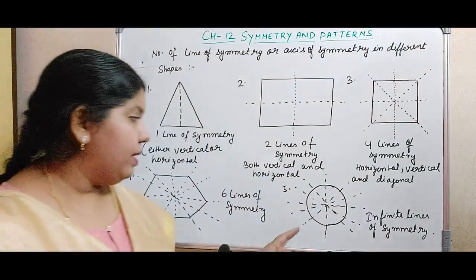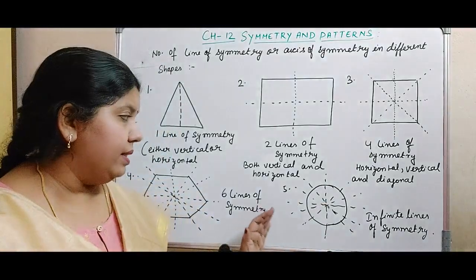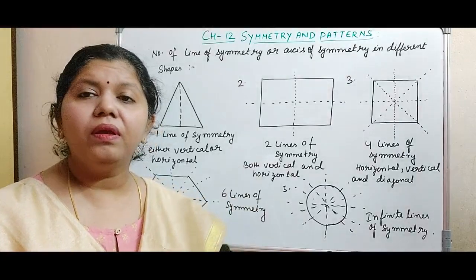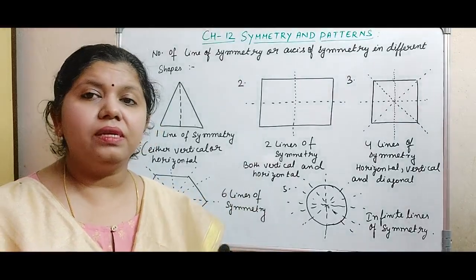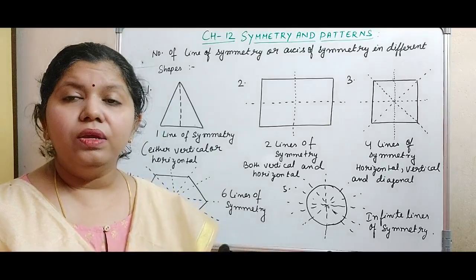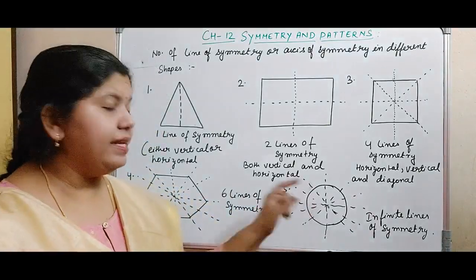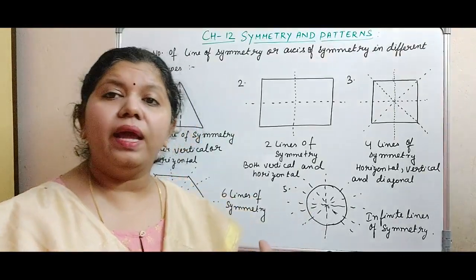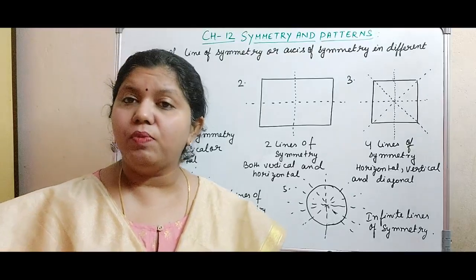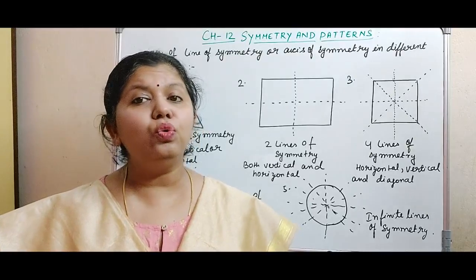Now we come to a circle. This is very easy to understand. See, there are no sides in a circle. This is the reason you can fold it in whatever way you like, but the line should pass through the center. We already know that in a circle there can be an infinite number of diameters possible, because a diameter is just a line that divides the circle into two halves.